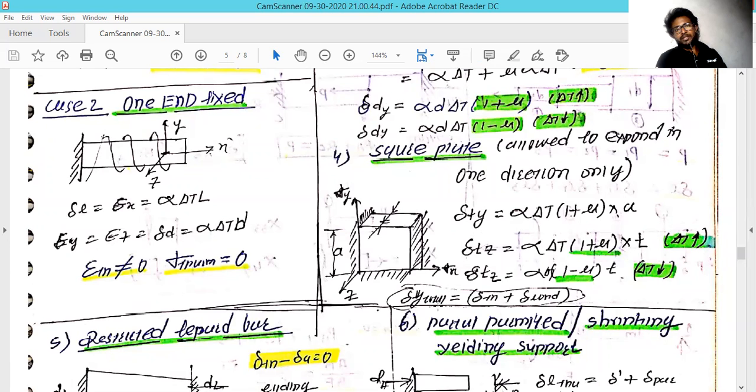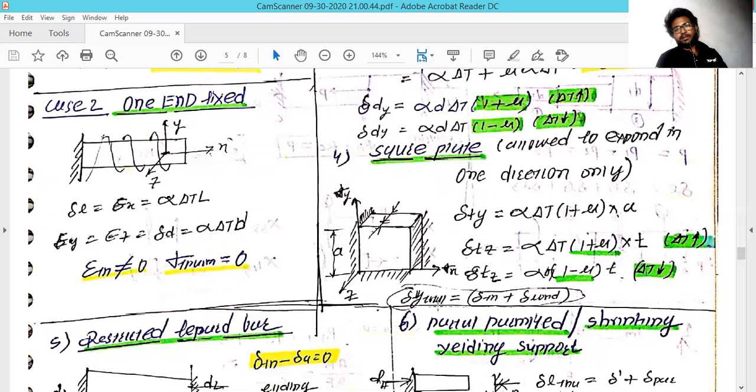This is the combination of the total strain, which is nothing but the thermal as well as the mechanical. So here the strain is nothing but alpha delta t into 1 plus mu. But if you find out for the particular change in dimension, the strain is nothing but change in the dimension divided by the original dimension.